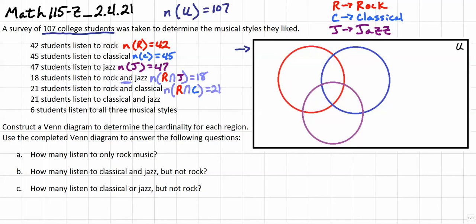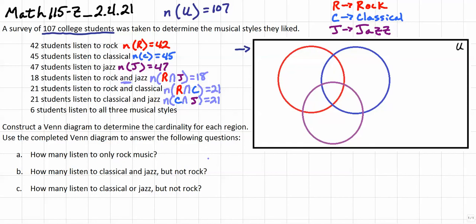We have the same thing. 21 students listen to classical and jazz. So that's classical intersect jazz. And as I said, that's going to be equal to 21 also. And then finally, 6 students listen to all three musical styles.